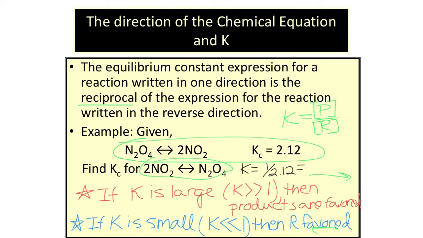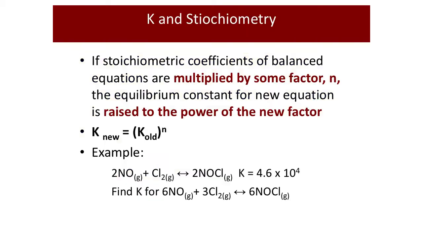And that gives us a value of 0.472. So again, if you are reversing the reaction, you're reversing your numerator and denominator. So hopefully it makes sense that you are taking the reciprocal. And hopefully it also makes sense that it'll be big in one direction, smaller in the other direction.